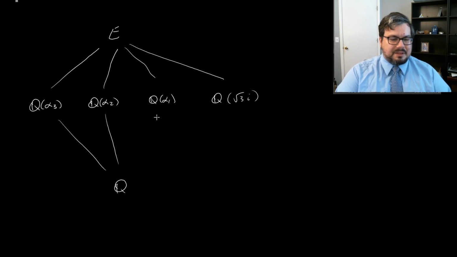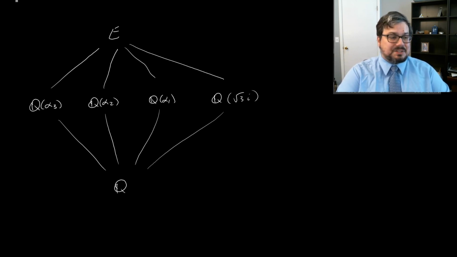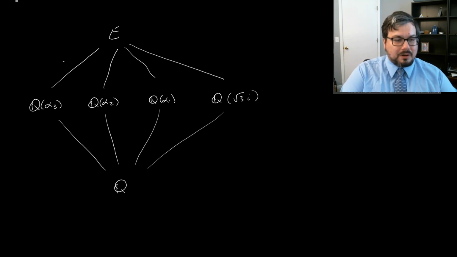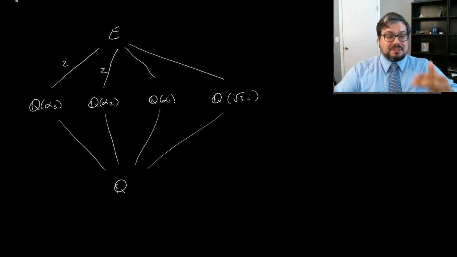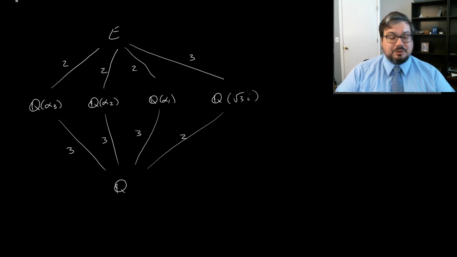Now, the orders of these field extensions are all equal to the corresponding indices of subgroups that we had before. Remember that things are flipped here, and so we've got 2, 2, 2, 3 here, and 3, 3, 3, 2 here.